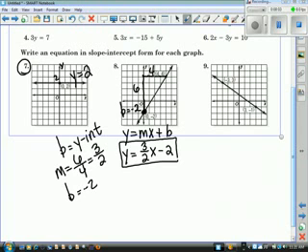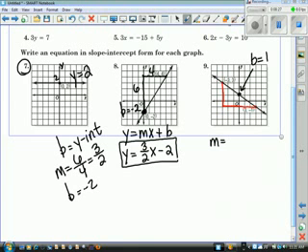Okay, number 9. Now 9, they trick you a little bit because they have 2 points labeled, but they don't have the y-intercept labeled. Okay, where is the y-intercept? At 1. So your y-intercept, your b is 1. And then what's the slope going to be on this problem? It's negative, isn't it?